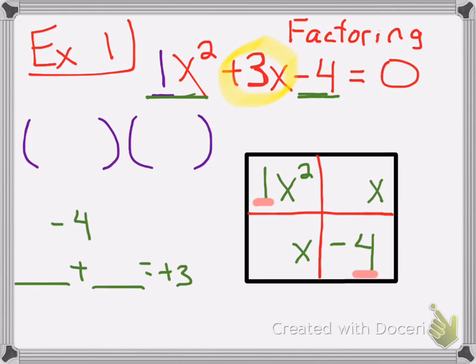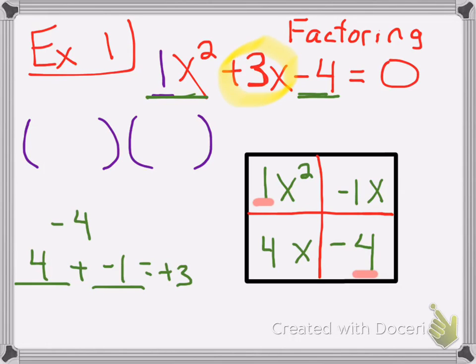In this case it'd be 4 and negative 1. There's no rule that says you have to put this number here and this number in this box here. Just put them somewhere. 4, negative 1.